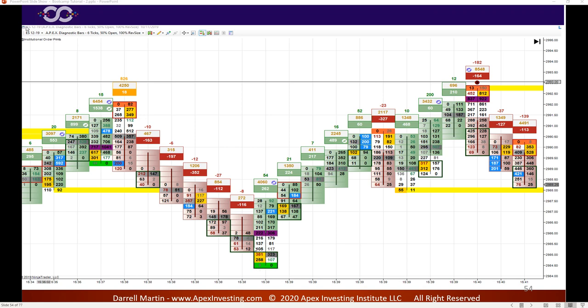And do you understand why it got exhausted? Because the sellers, all that selling strength came in and then just boom, died off. And the market went the other way. It's exhausted. So hence why we look to trade an exhaustion box with trapped orders.